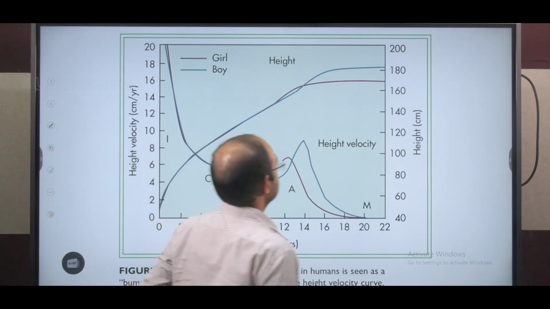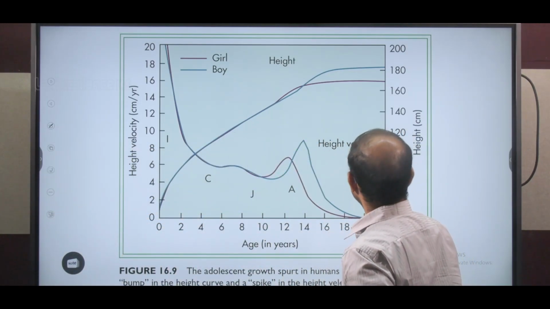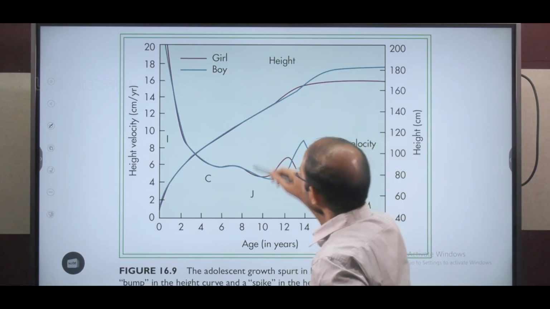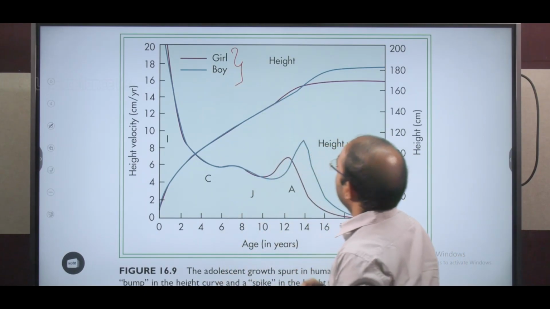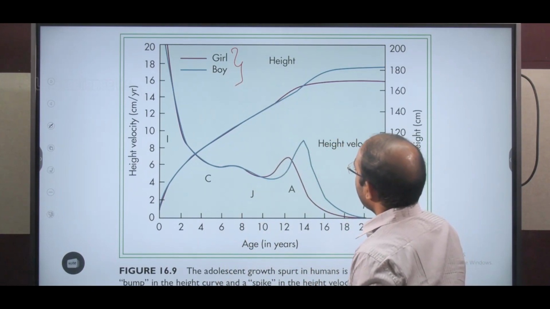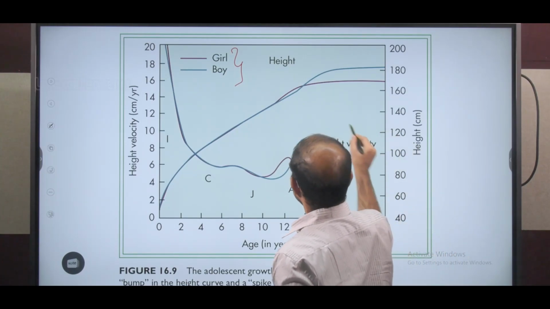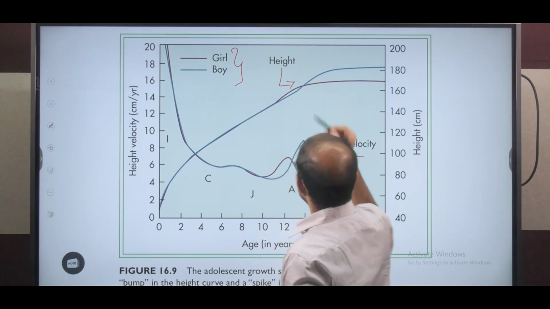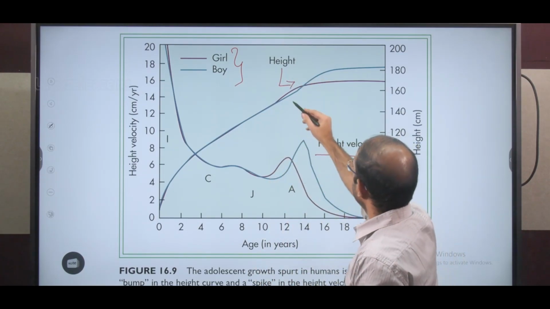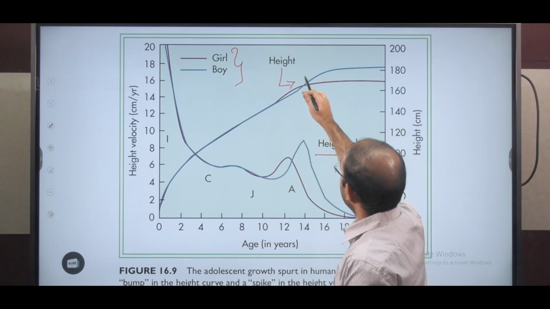If you look at this graph, purple color is girl, blue color is boy, and here we have height velocity and this shows height. Around age 12, initially girls begin to have greater height.